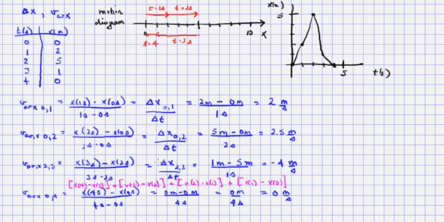And the next term represents this displacement right here. And the next term represents this displacement, and the last term represents that displacement. And you can see very clearly that the sum of these 4 red vectors is 0, and that's what this is telling us. So that's the average velocity.